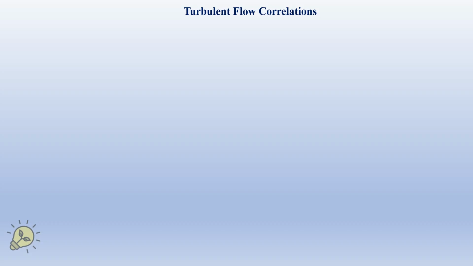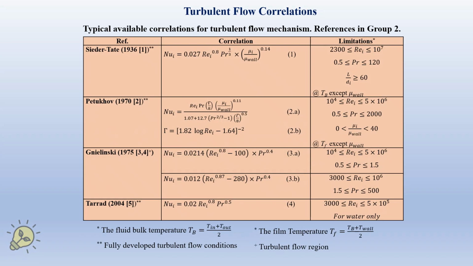Turbulent flow correlations. In fact, there are a good number of correlations available in the open literature, but I have selected in this table 5 of them, starting from Sieder-Tate in 1936 until we arrive at Taral in 2004.